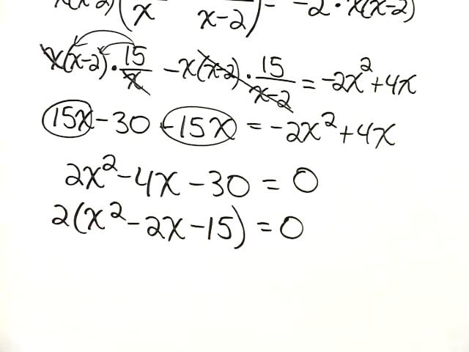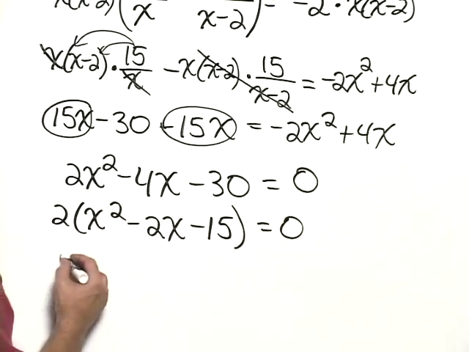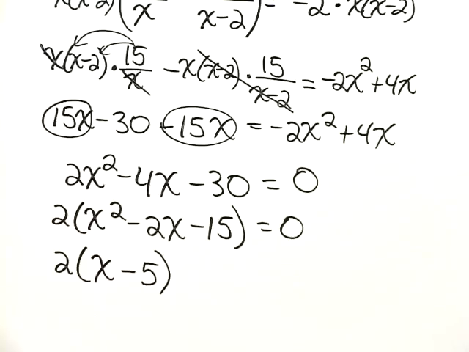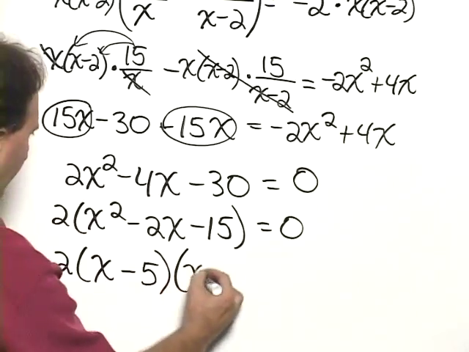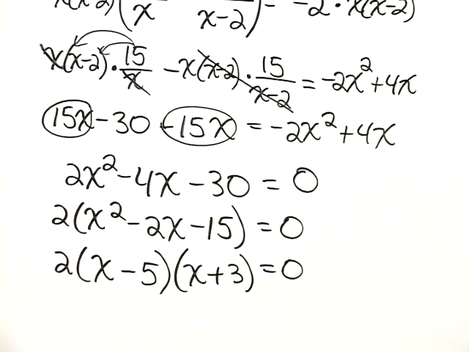15 equals 0. We can now use the principle of zero products by factoring this trinomial and setting each factor equal to 0. So this factors as x minus 5 times x plus 3.